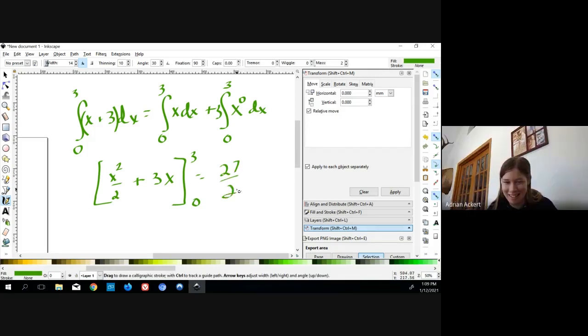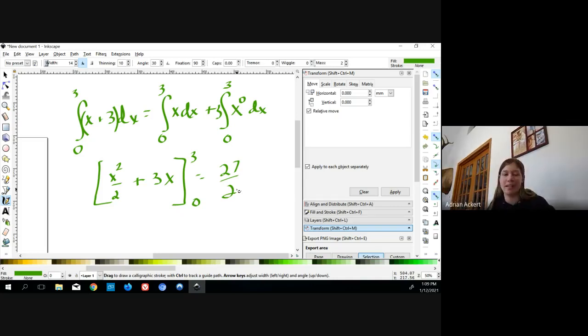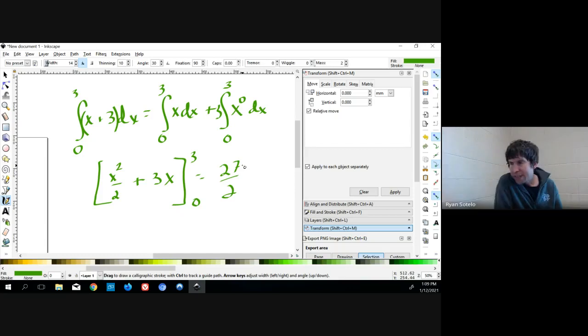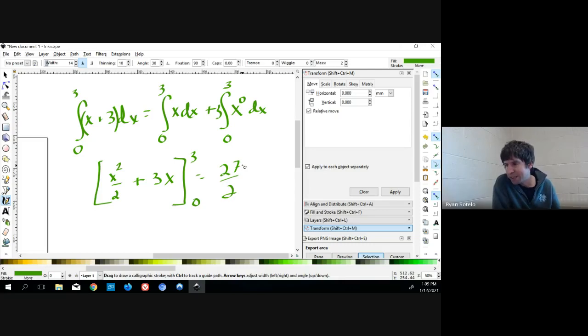Is that right? Oh, wait, I didn't see the over 2. Yeah, because if you factor out a 9, you have 1 plus 1/2. So that's 3 halves. 3 halves times 9 is 27 halves, not 27 ninths. Okay.